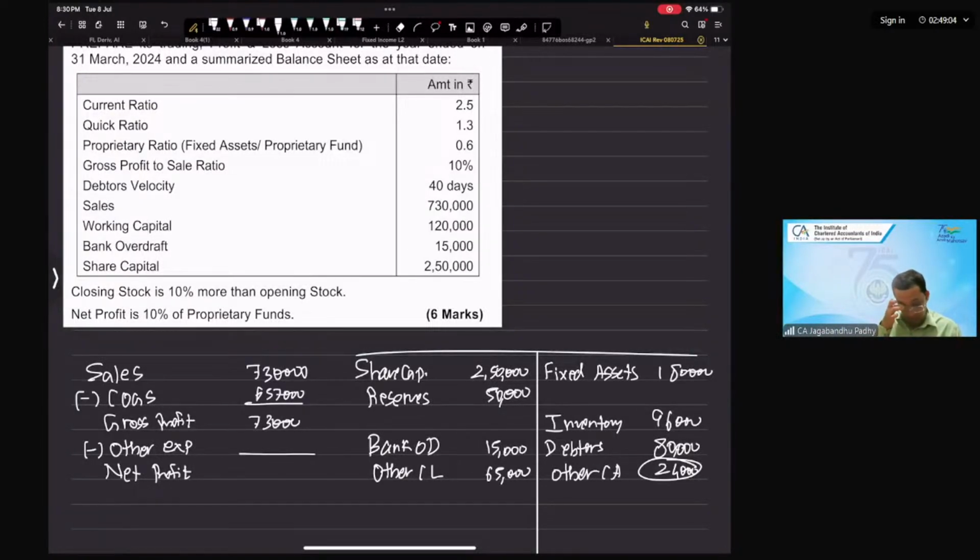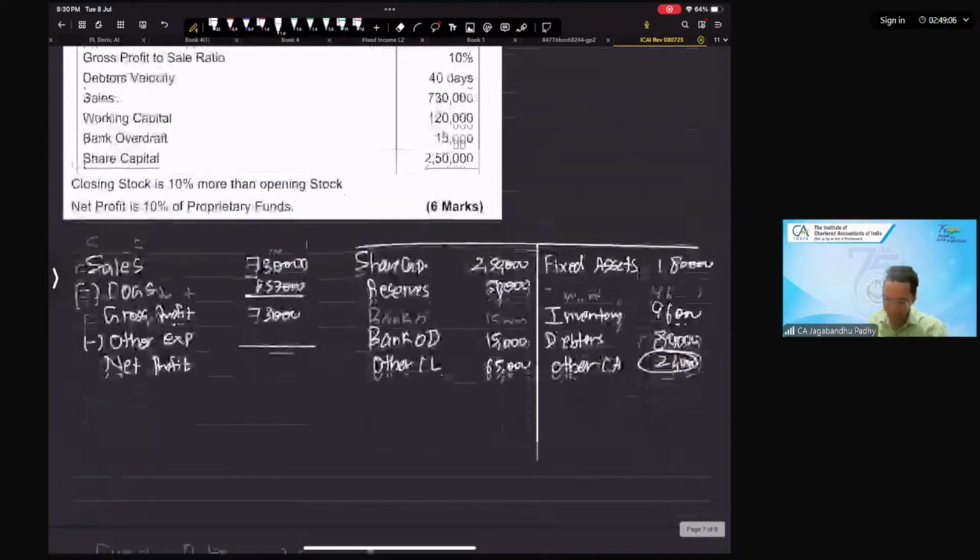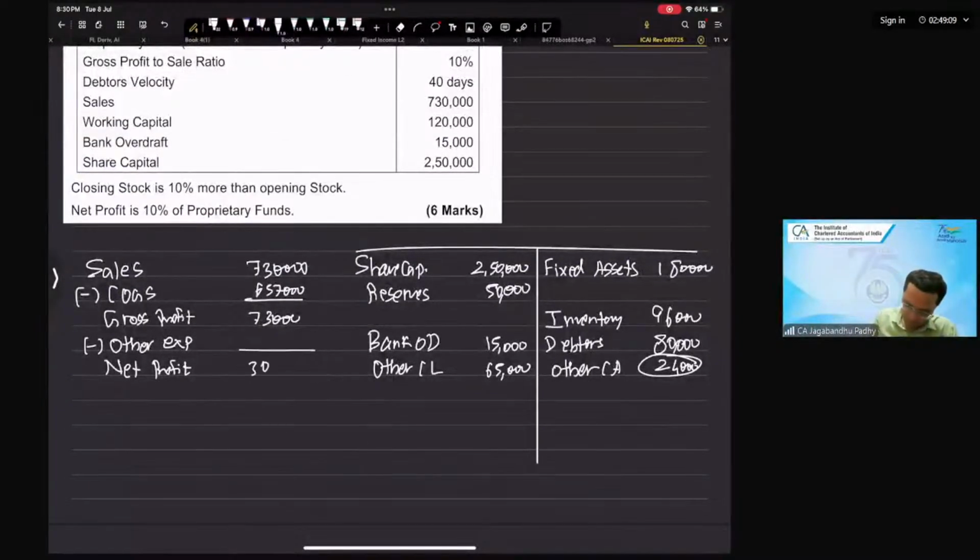Net profit is 10% of proprietary funds. 10% is basically 30,000, right? Because it's 2 lakh 50 plus 50, so 3 lakh. Of that 3 lakh, we get the net profit of 30,000. And then the difference, 43,000, is going to be other expenses.